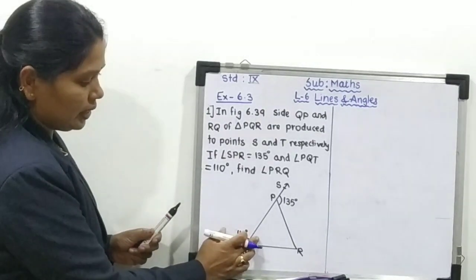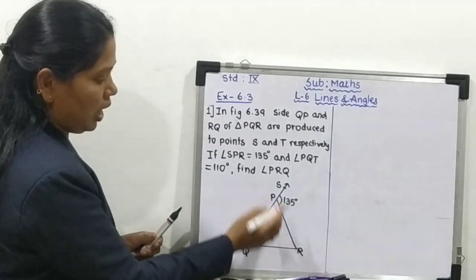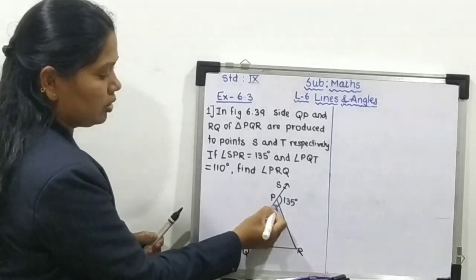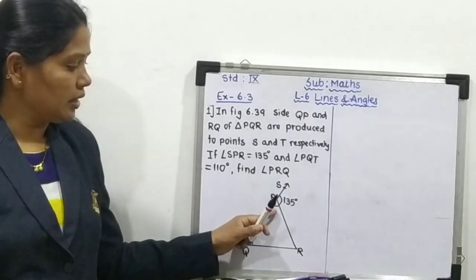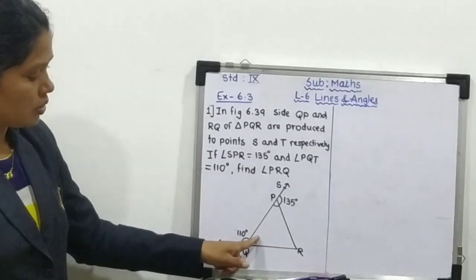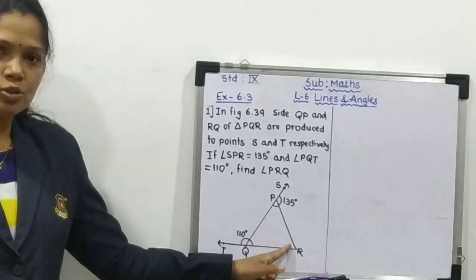So I'll get this angle. Now angle SPR and angle QPR also form a linear pair, so we will get this angle. Now this angle is known, this angle is known, so we can find this angle also.